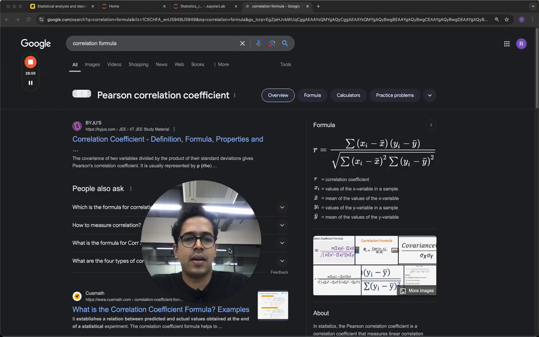So here just look at the formula. The numerator is pretty much the same as covariance, right? So it is sigma xi minus x bar times yi minus y bar. But in the denominator you have a square root of sigma xi minus x bar the whole square, times sigma yi minus y bar the whole square. This value is a positive number. So let's write the formula here.